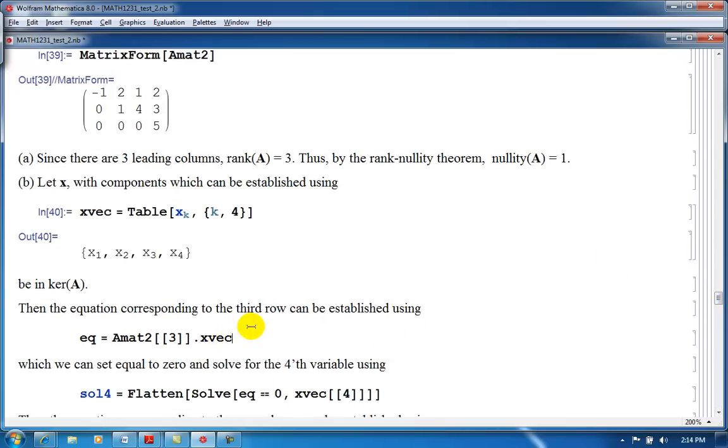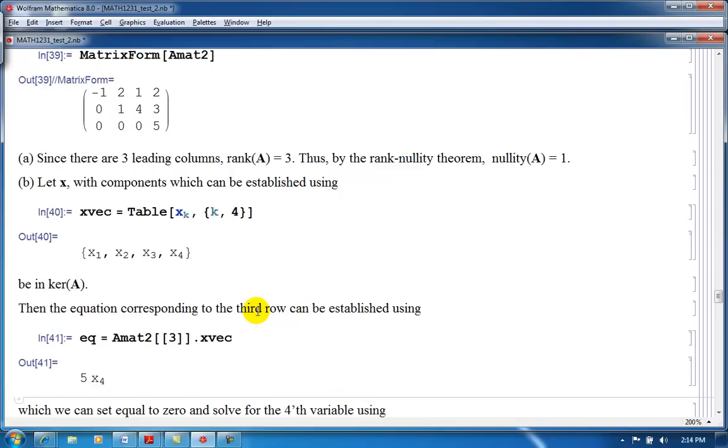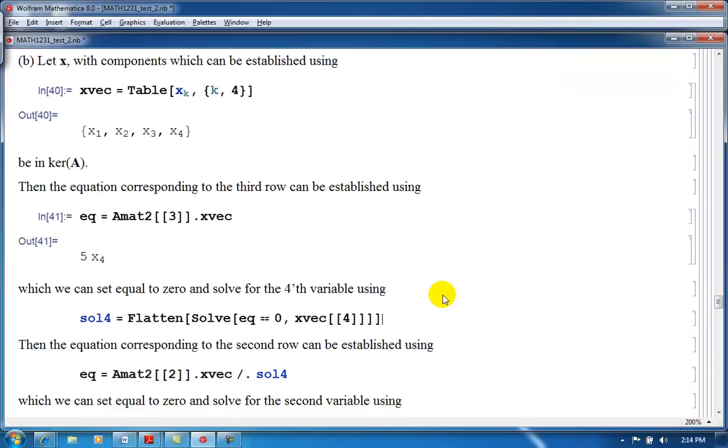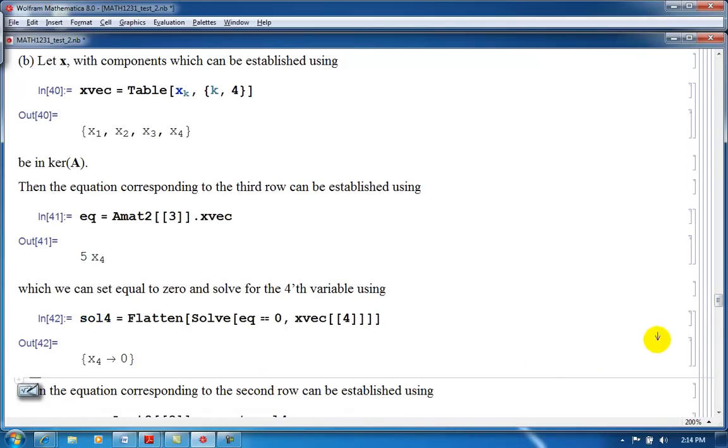So that equation is this, and that has to be 0, so that means that x4 must be 0, so we can indeed set that equal to 0 and solve it for the fourth variable, which must be 0.